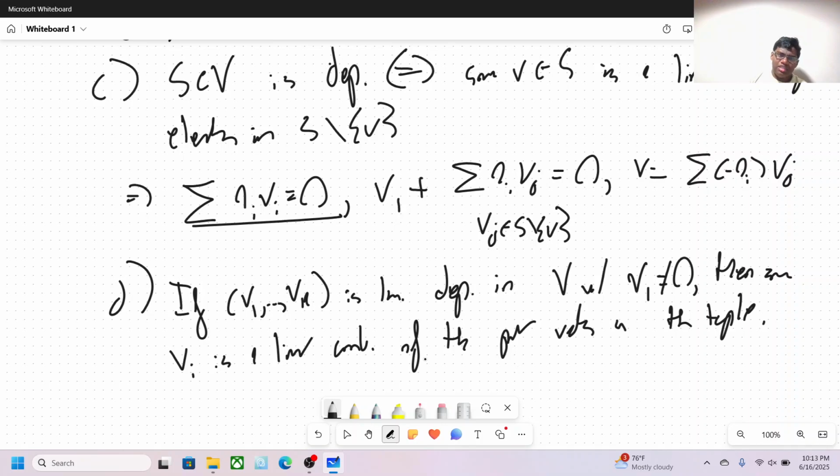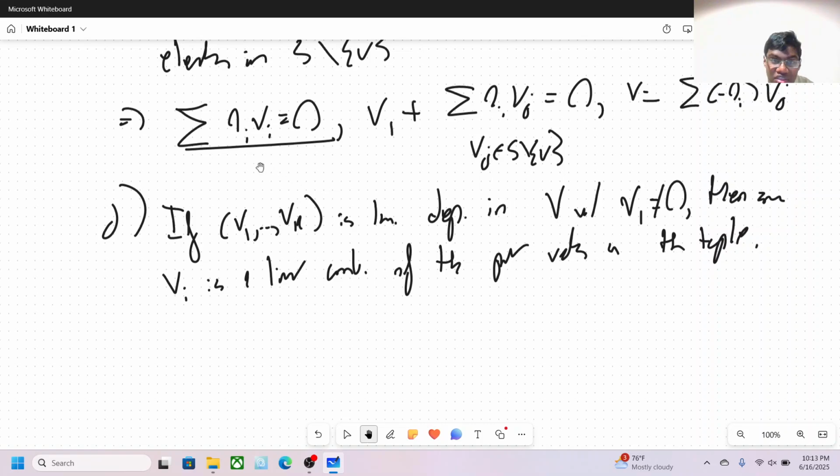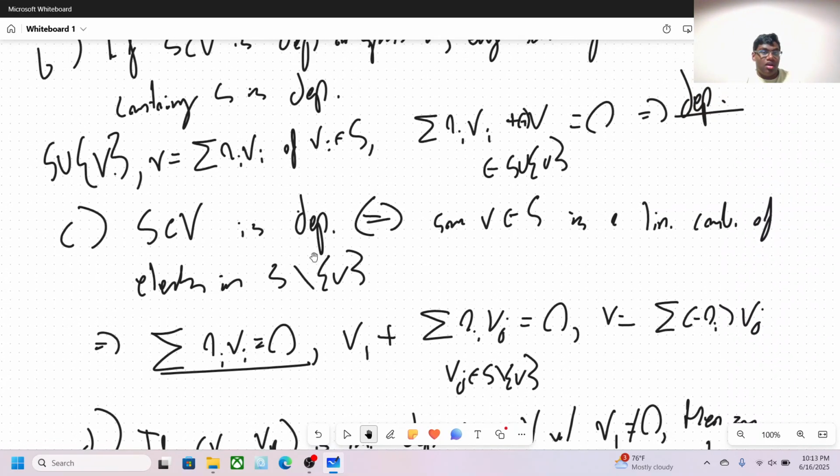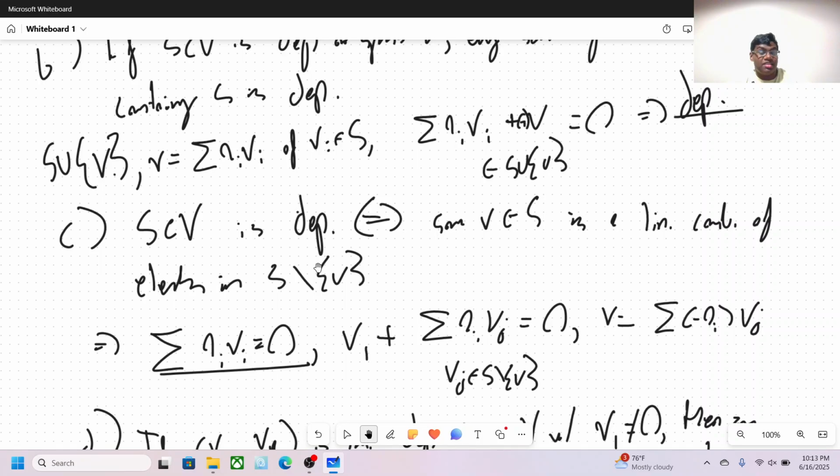I'm going to leave this as an exercise, but essentially use part C, but instead of taking this as an arbitrary sum, label this explicitly in terms of the order, and then pull out the first term that fails. So this gives us quite a bit of structure. It tells us a lot of conditions about where dependence can come from, and where it doesn't.